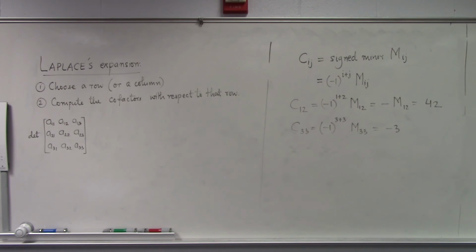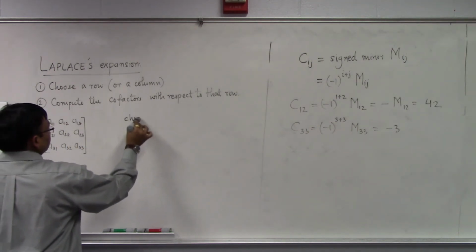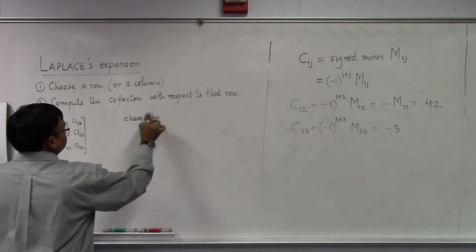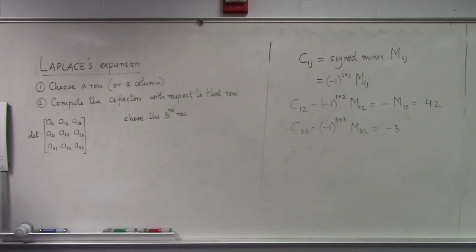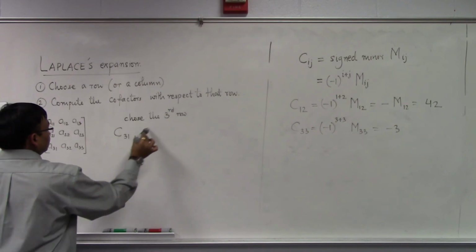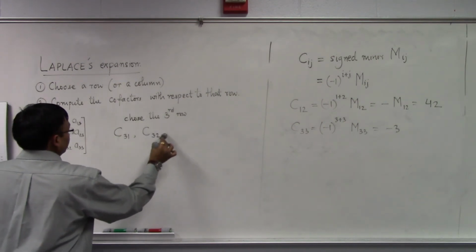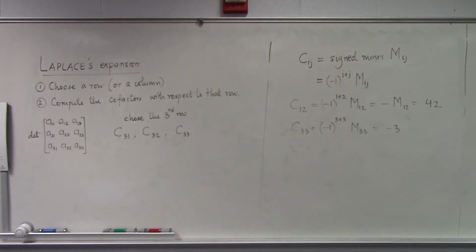Let us say I choose the third row. Then you compute the cofactors with respect to that row. That means I want the cofactors C31, C32, and C33. And once I have those cofactors, I can use these to find my determinant.